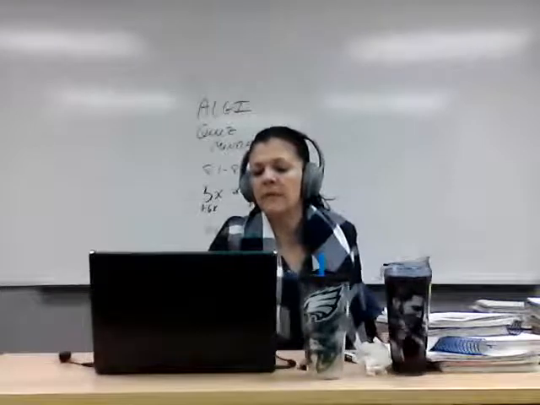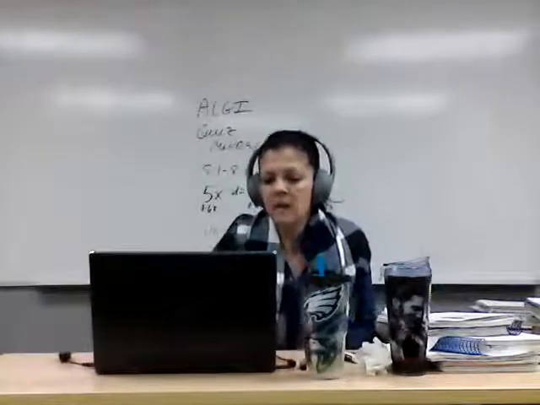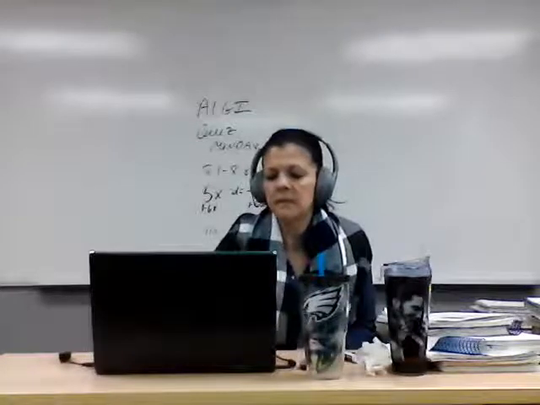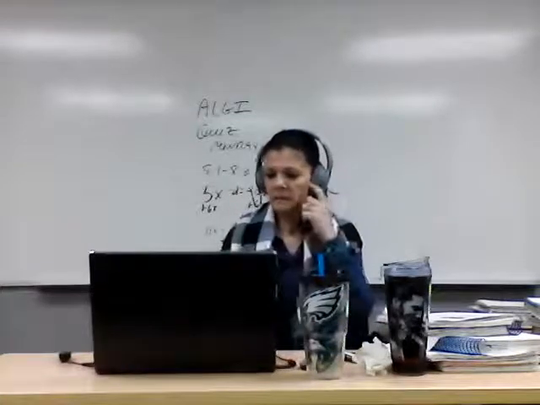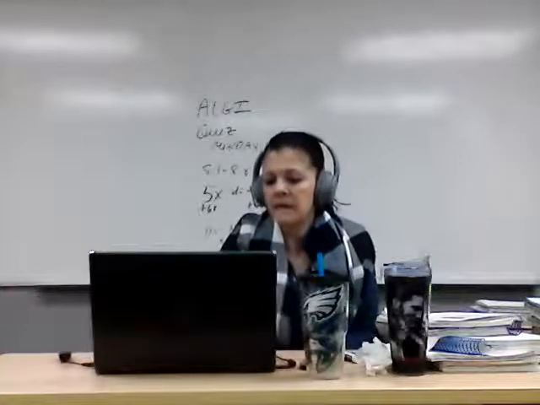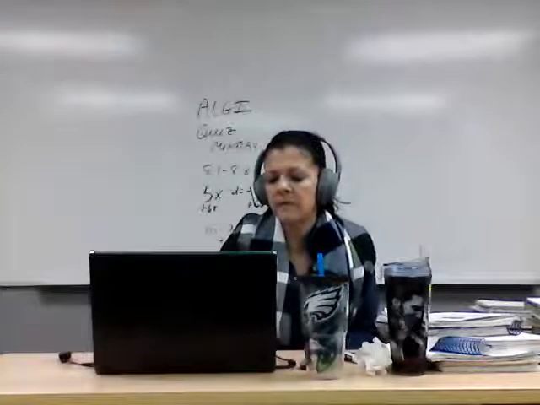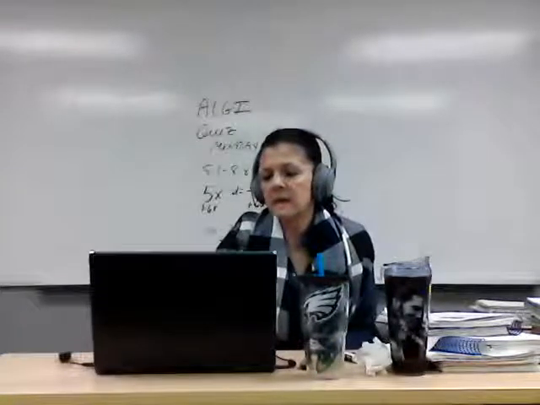So now all we have to do to get rid of the square root is square both sides. Okay? See that? All right, now this is going to cancel with that, and you're left with 2x plus 5. And this is going to cancel with that, so it's 4x minus 3.